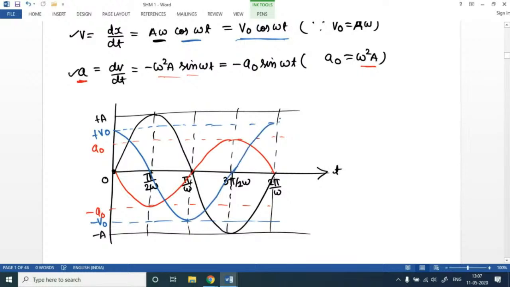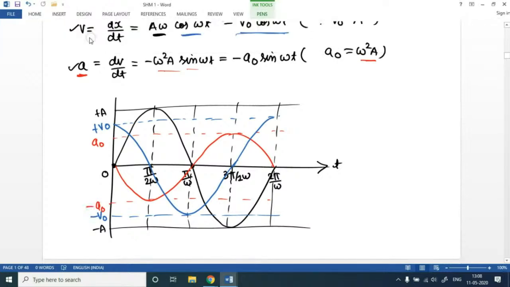Okay, so you can see here all these functions of time, for example x, v and a, are sinusoidal functions of time. That means they are varying with a time period of 2 pi by omega, all of them, but they have a phase difference, and you should realize this fact, that v leads x by a phase of pi by 2, and similarly a leads v by a phase of pi by 2.